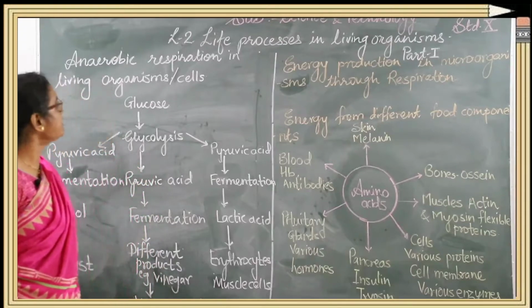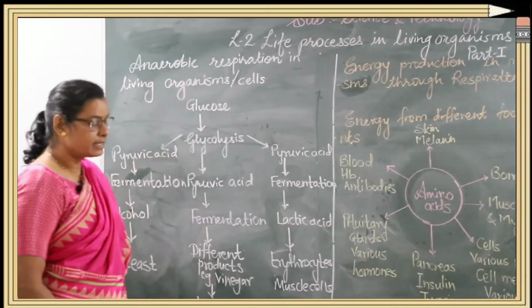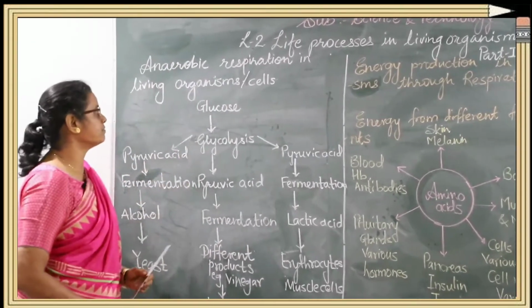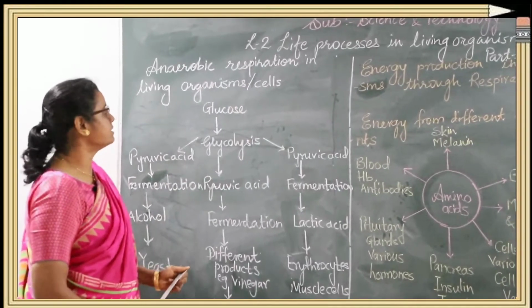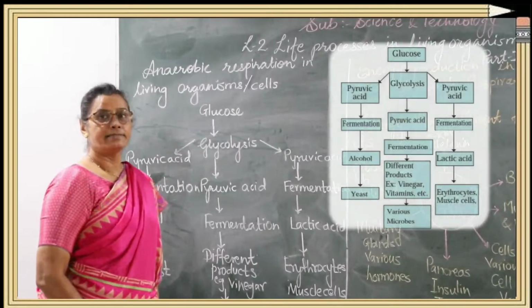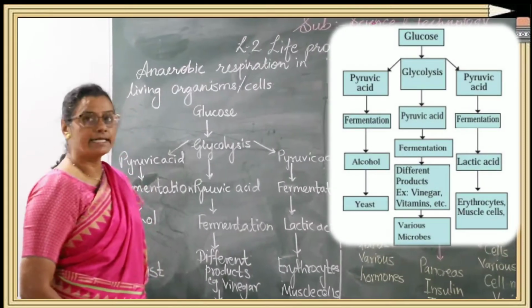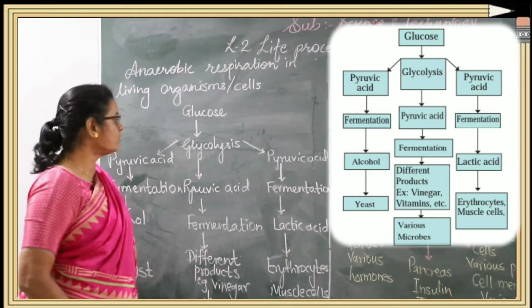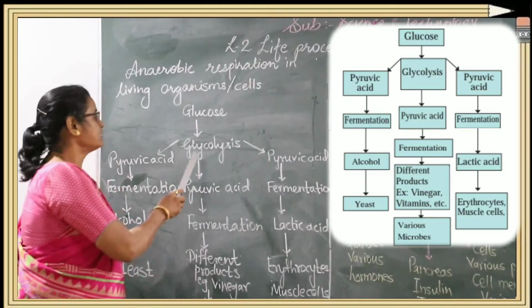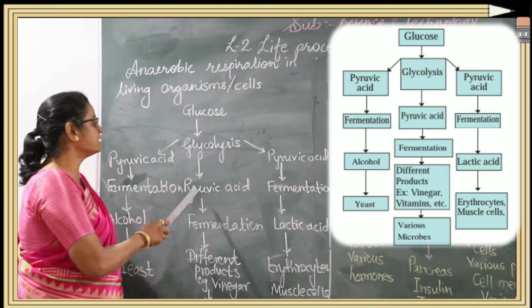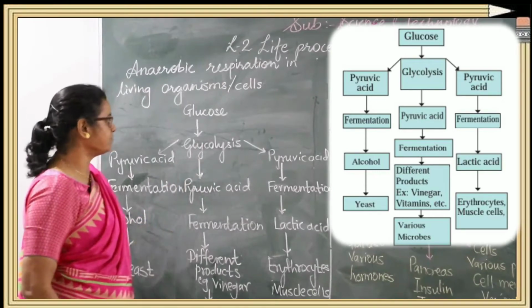Here we will see what is meant by anaerobic respiration in living organisms or cells. You all know that whatever carbohydrates we are eating, that is converted into glucose, and this glucose is converted by the process of glycolysis into pyruvic acid.